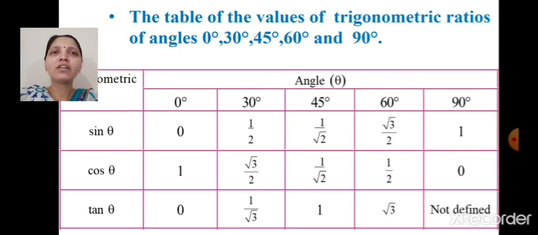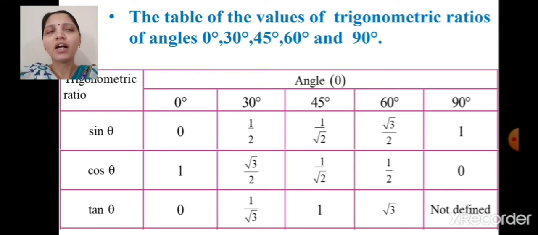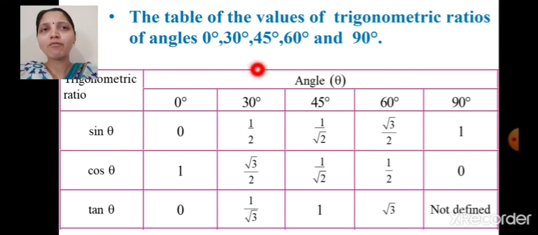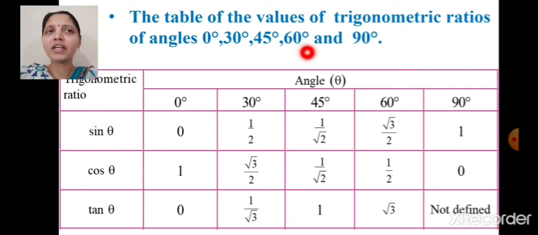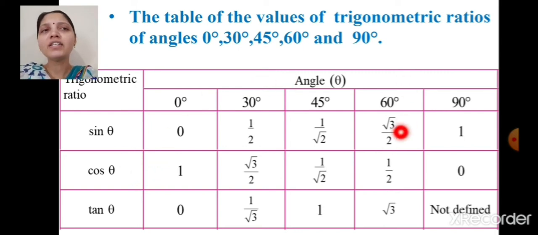Now let's learn the table of values of trigonometric ratios of angles 0 degree, 30 degree, 45 degree, 60 degree and 90 degree. Now I told you, acute angles you have to consider. Now an acute angle can have measure 0 degree, 30 degree, 45 degree, 60 degree and 90 degree. So depending on the angles given here, what is the value of sine theta, cos theta and tan theta, that we are going to learn in this table.